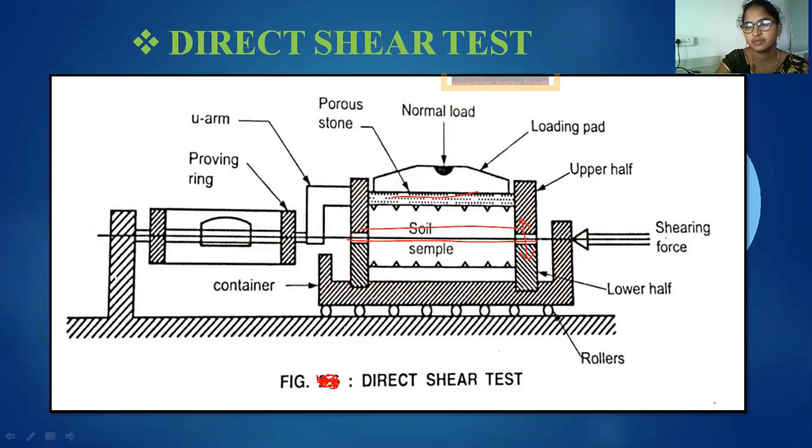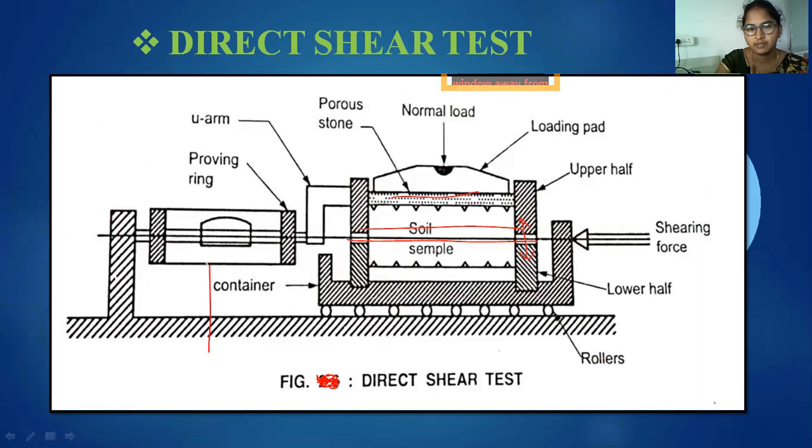The difference between the vane shear test and the direct shear test is that in a vane shear test the shearing will be like a string, and in the direct shear test the load will be applied vertically, but the shearing between the mould will cause the failure. Here the loading platform will be horizontal, here pressure will be applied, here we can apply the loads.